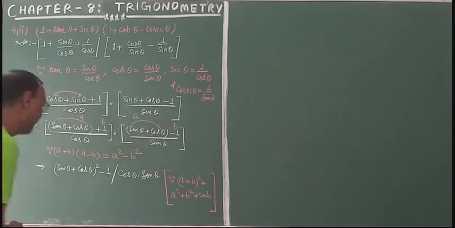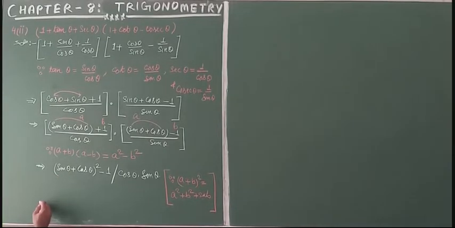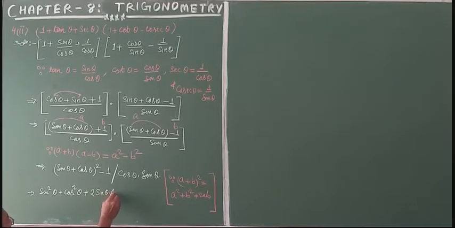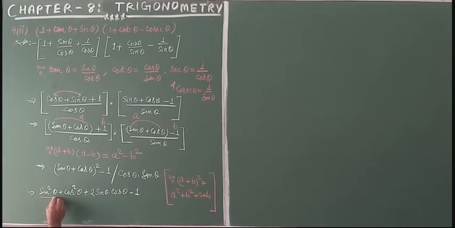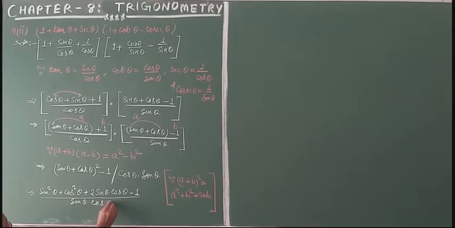So what will happen here? Just square this, you will get sin square theta plus cos square theta plus 2 sin theta into cos theta minus 1, divided by sin theta into cos theta.